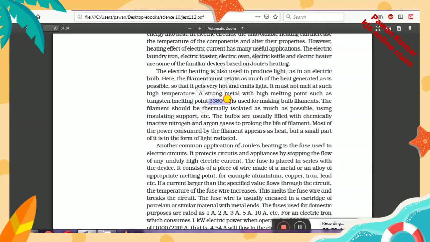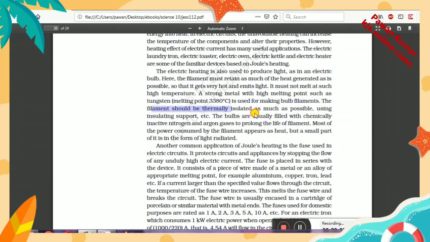It means that only when you produce 3380 degrees Celsius temperature will the filament of tungsten melt. Otherwise it will not melt and could be used for a long time. This is the reason we are using tungsten in electric bulb.